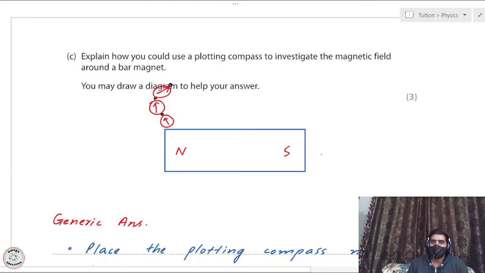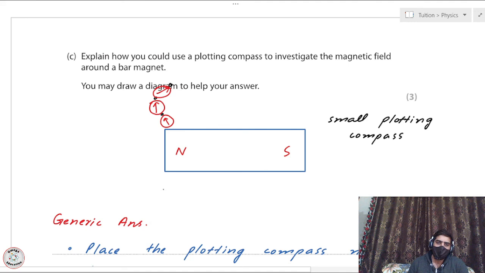Sometimes they ask you, what is the benefit or advantage of using a small plotting compass? Now this one is not connected with this specific question. What is the benefit of using a small plotting compass as compared to a big plotting compass?